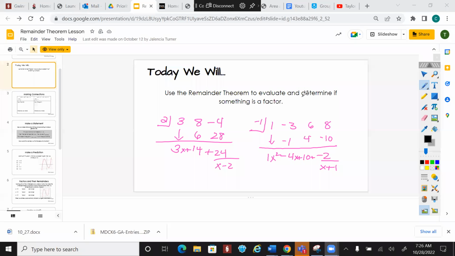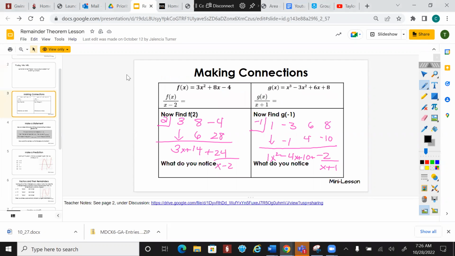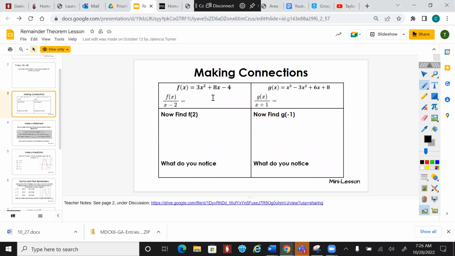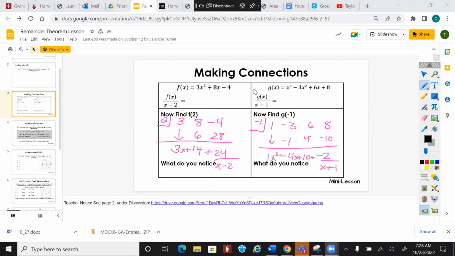Again, we're going to talk about something called the remainder theorem, to evaluate whether something is a factor or not. Okay, so looking at this next problem, this says, go ahead and divide this out. And I think these were the warm-up problems, so really quick, let me just copy this down.